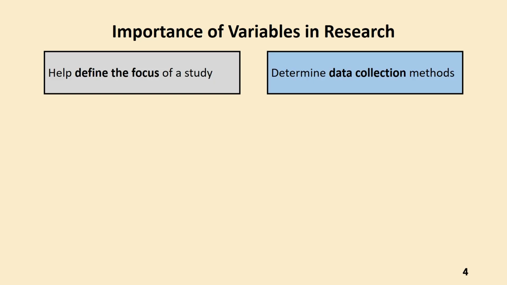Determine data collection method. Now, this is important. What kind of variable do you have? Definitely you are going to have that kind of research design, because you have to address those variables with the help of a research design.